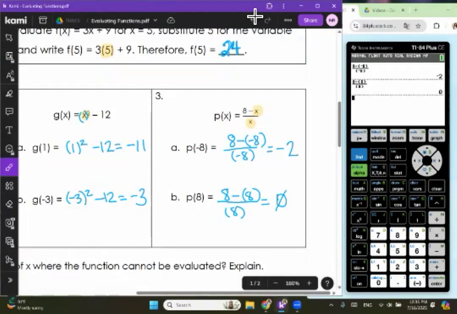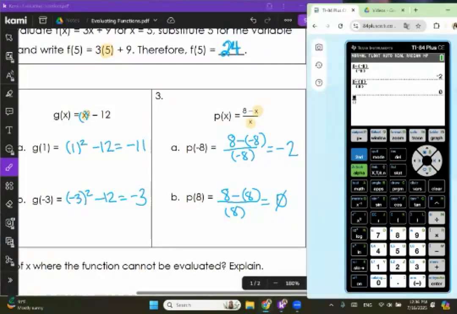Think about it. You're dividing, right? So the actual answer is, yeah, there is one. You cannot divide by 0. Let's say we put a 0 in the denominator, or we plug in a 0. What would happen with our calculator if we were to plug in a 0?